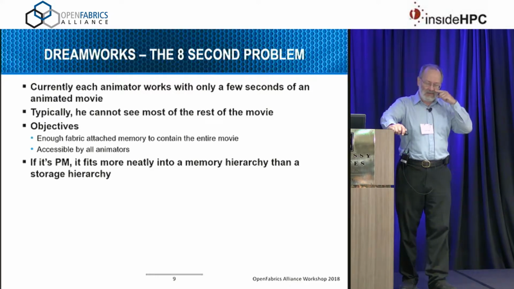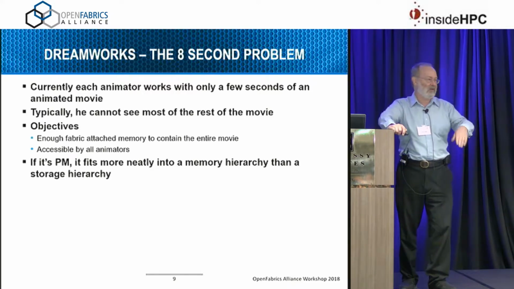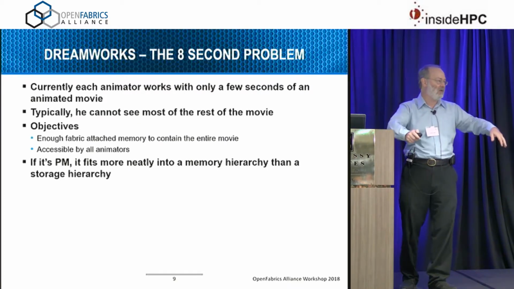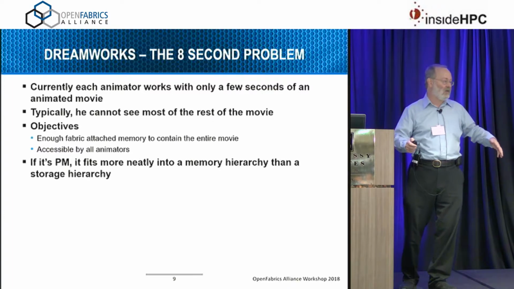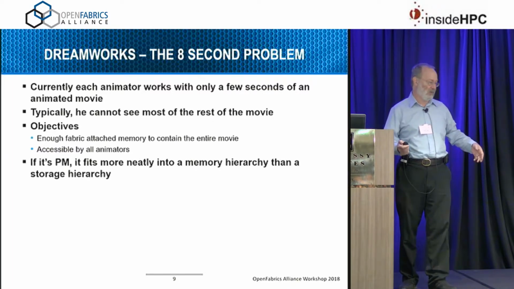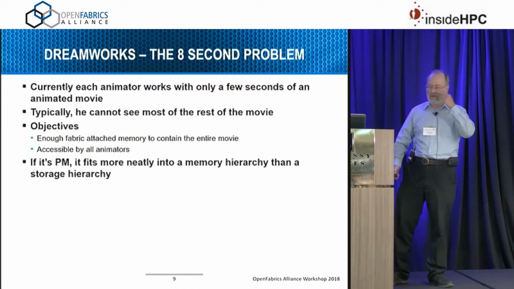But that's tricky because they need to be able to see it in context. So while they're working on each individual frame, they want to go up and down to see what the surrounding scene looks like. So they want fast access to a repository of what everybody else is doing, so they can see what's going on around their work.